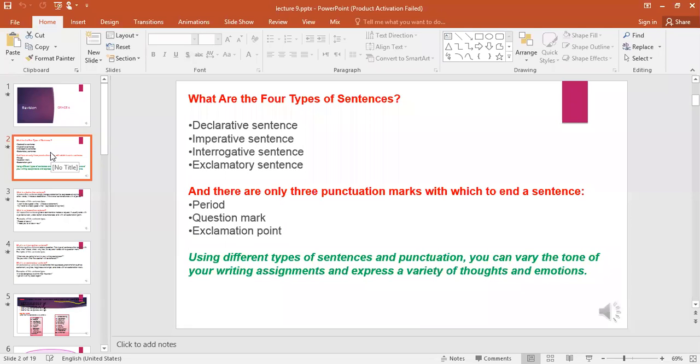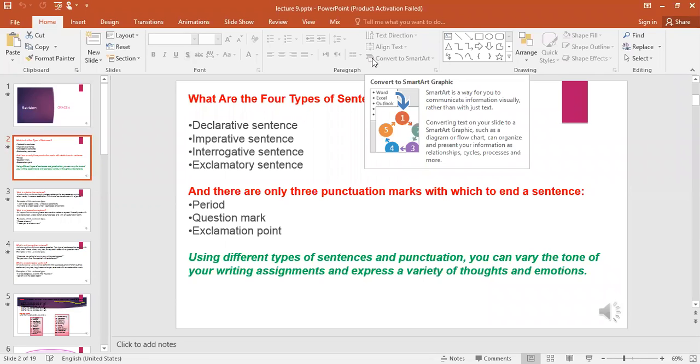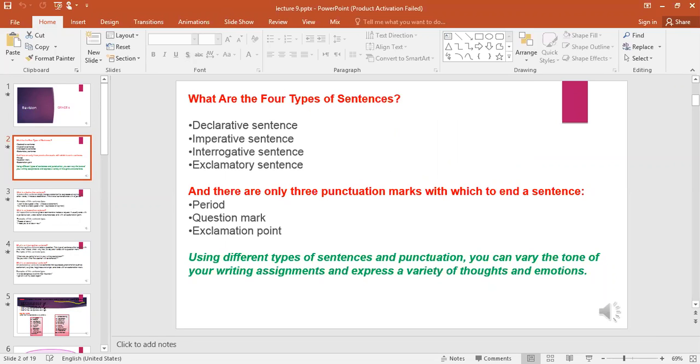Let's first start with the first grammar lesson that we have covered, which is the 4 kinds of sentences. We already know that we have the declarative sentence, the imperative sentence, the interrogative sentence, and the exclamatory sentence.